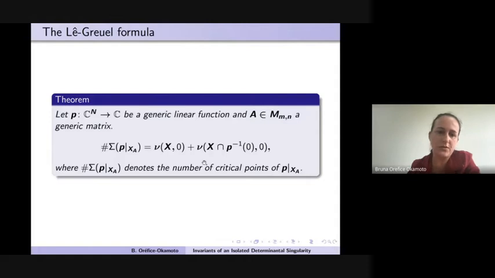So this is what we defined before. And this is a kind of Lagrange formula, because I can see this on my left-hand side as the Euler number of P. And this is the Lagrange formula for analysis.